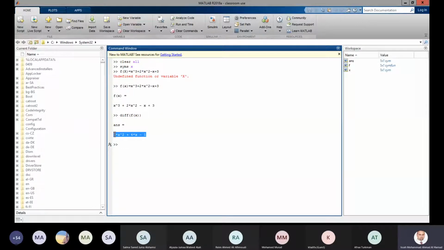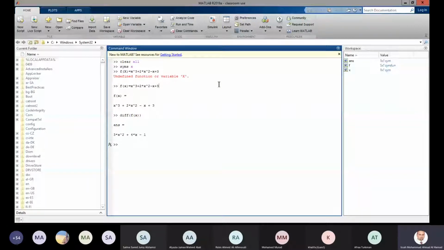I'll write it down on a piece of paper here: 3x squared plus 4x minus 1. So this is the derivative, and the function is x cubed plus 2x squared minus x plus 3. This is the function.